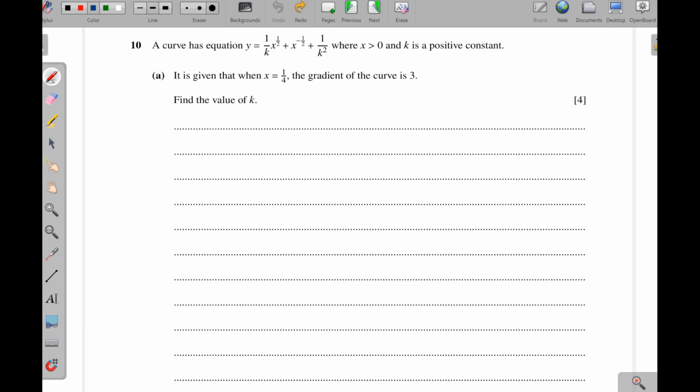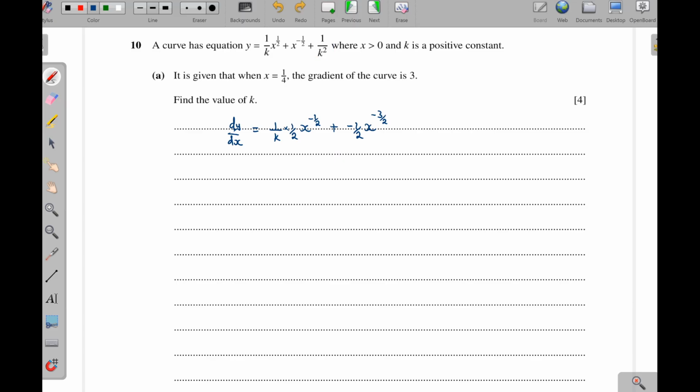Okay, so dy dx will be equal to, drop the power, we shall have 1 over k, then times a half, then x, and then you reduce the power by 1, so it becomes negative a half here, then plus, differentiate here, drop the power, so we shall have negative a half, then x to the power of negative a half minus 1, that will be negative 3 over 2. Okay, then this one is a constant, so it disappears.